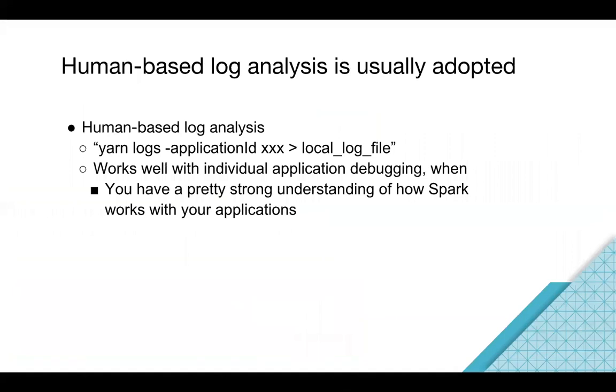I think most of us are used to what we call human-based log analysis. That means if we want some log from some application, we just use the yarn command line to download that. And this approach maybe works well if you just debug a single application. And it assumes that you have a certain level of understanding of how Spark works. Then you understand what those lines mean.